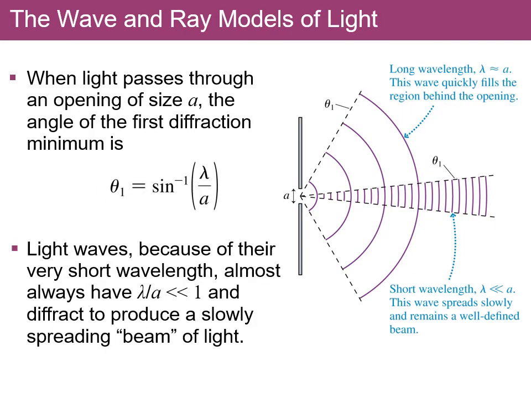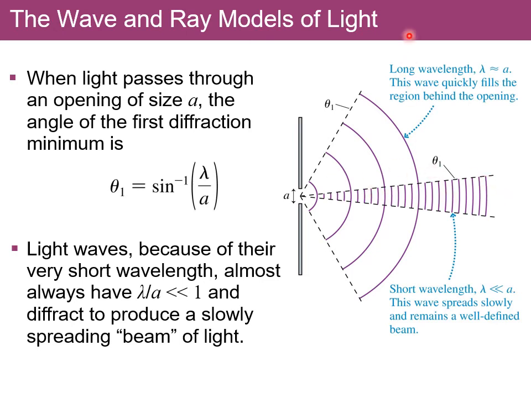When light passes through an opening of size a, the angle of the first diffraction minimum is about theta 1 equals inverse sine of lambda over a. Light waves, because of their very short wavelength, almost always have lambda over a much, much less than 1 and diffract to produce a slowly spreading beam of light.